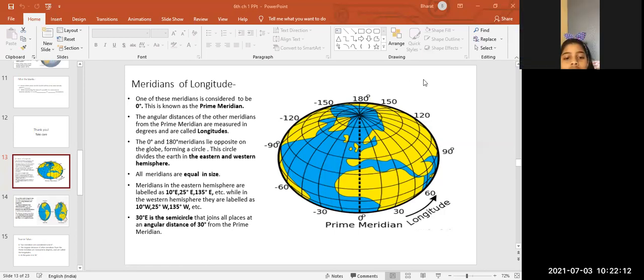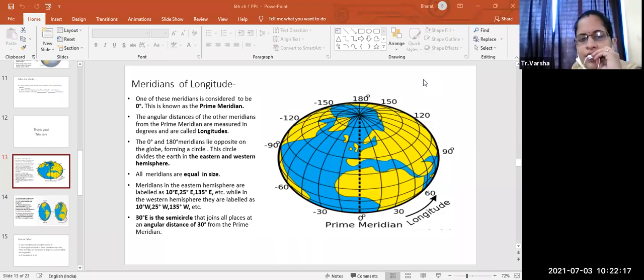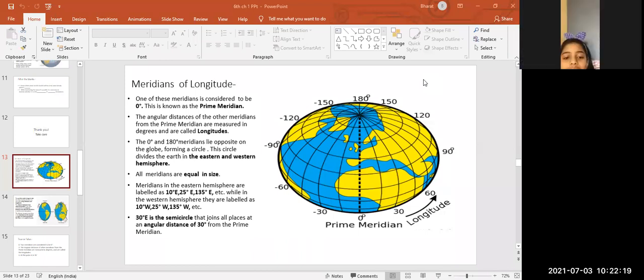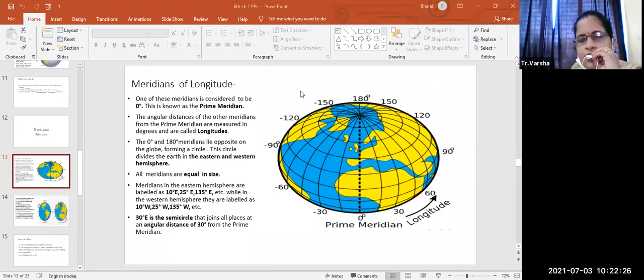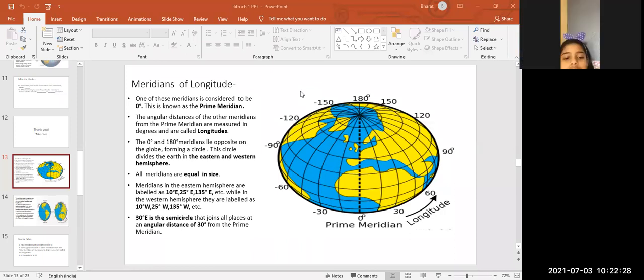This circle divides the earth into the eastern and western hemisphere.